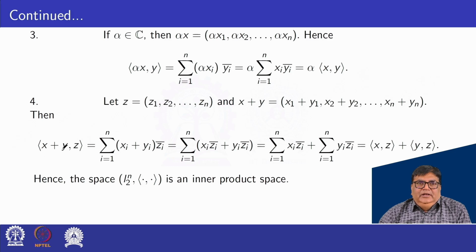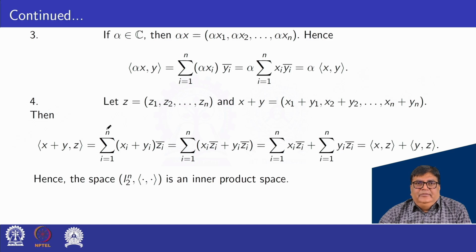Then the inner product of x plus y, z equals the summation i equals 1 to n of xi plus yi, because the ith place of the vector x plus y is xi plus yi, and the ith place of vector z is zi.